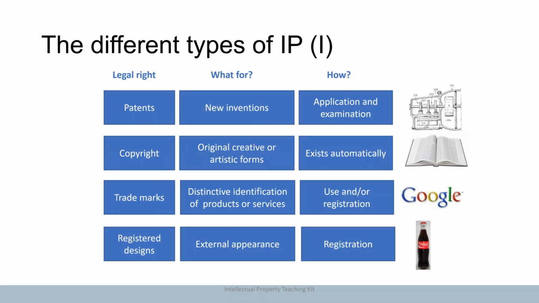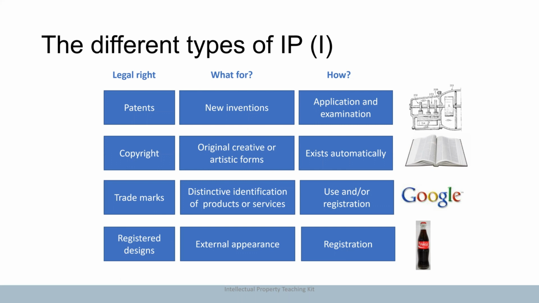One other important thing to know is that there are different kinds of intellectual properties, as we have already said, and different intellectual properties can give rise to different rights. And also the way the owner of that intellectual property can get the rights associated can be different from one case to the other.